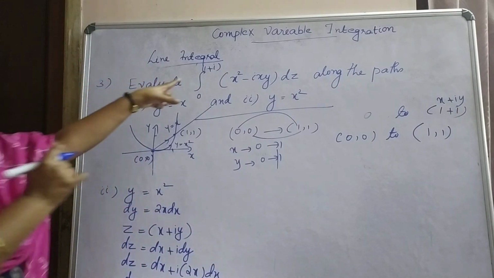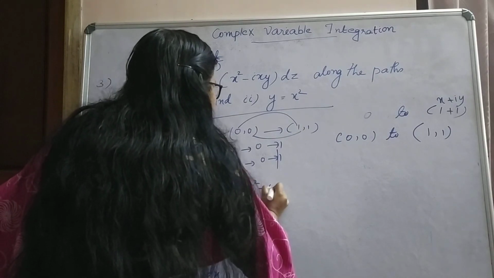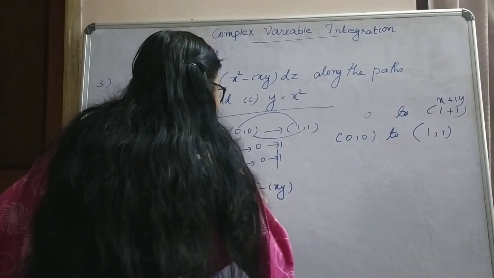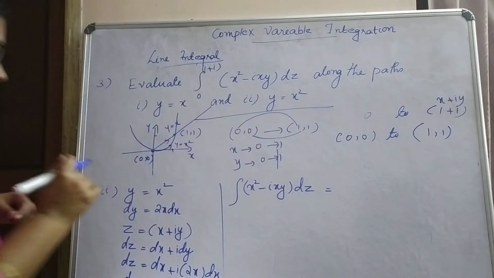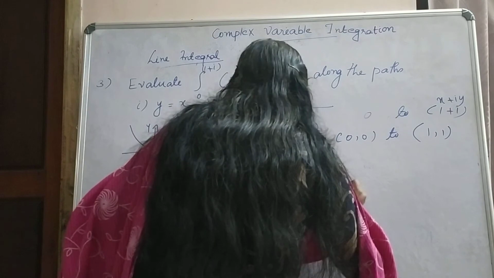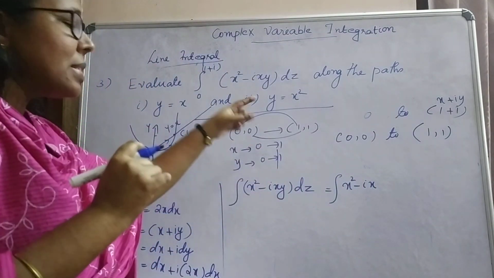Now we have to integrate this, that is integral of x square minus ixy dz. It is given as integral of x square minus ix into y, where y is x square.